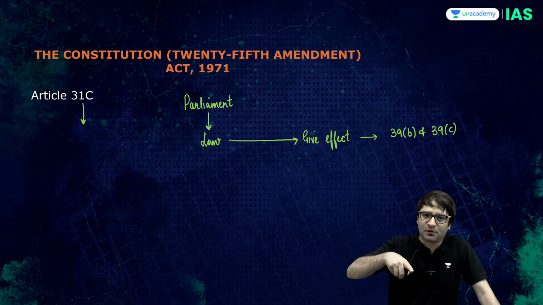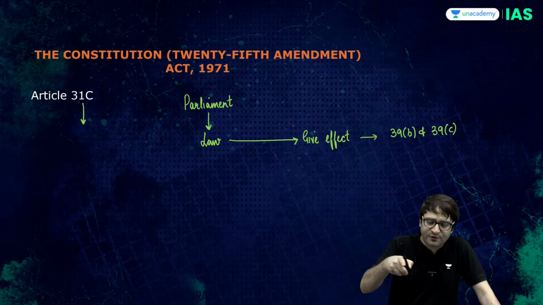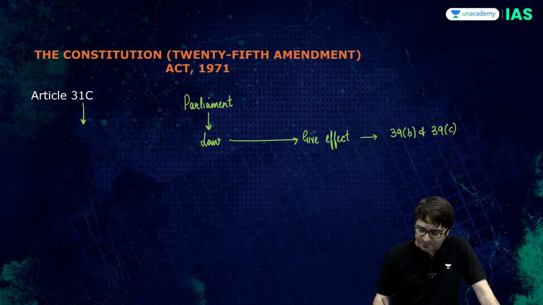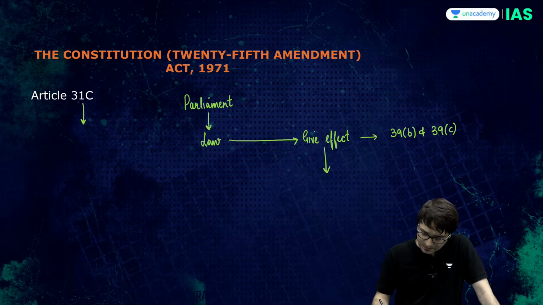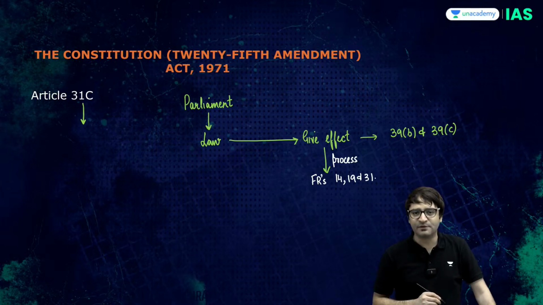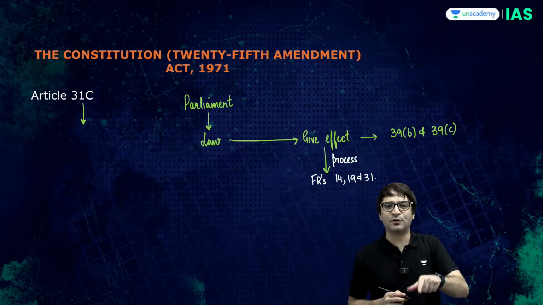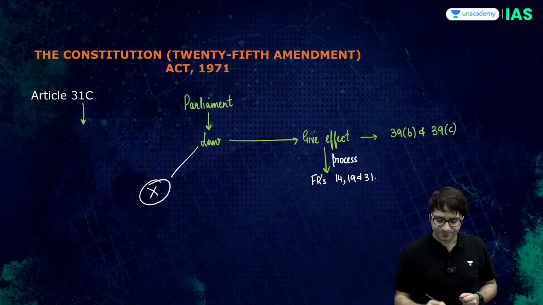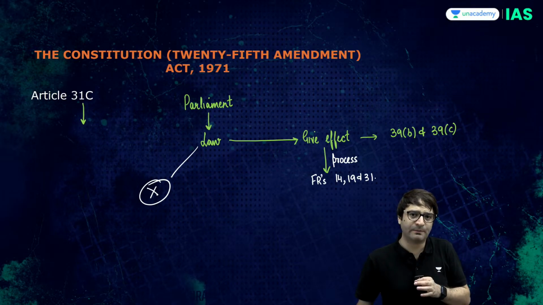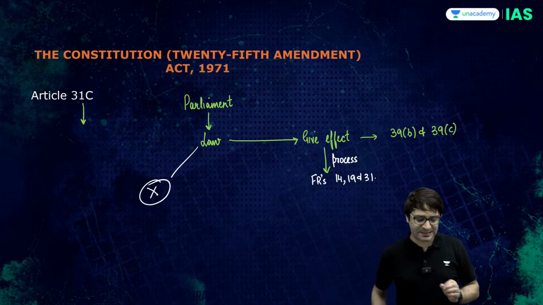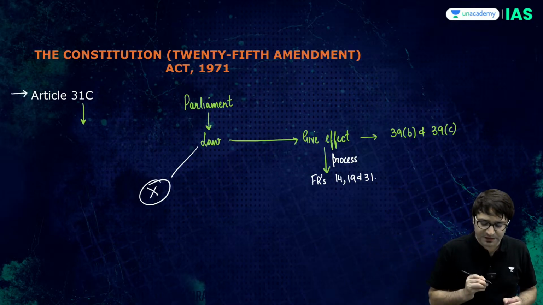If Parliament wants to enact a law to give effect, to give shape to these two directive principles of state policy, and in the process fundamental rights under Article 14, 19 and 31 are getting violated, merely on this ground the law cannot be declared unconstitutional.